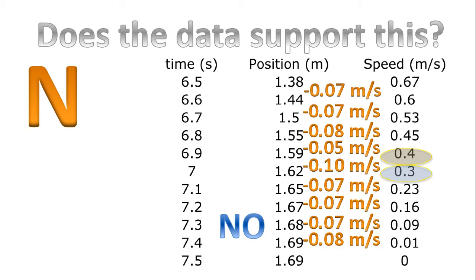So for the most part, it seems steady at 0.07 meters per second. However, there are certain times where that decrease changes. And so the acceleration is fairly constant, but it's not absolutely constant. Therefore, the force that was calculated during this experiment is at best an approximation, as the force is not constant since the acceleration is not constant.